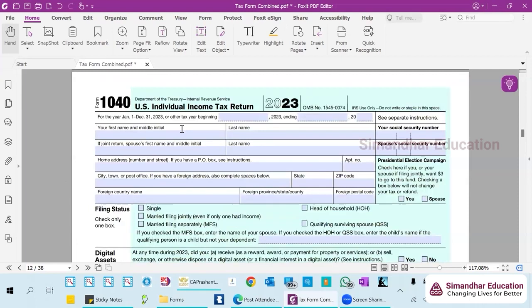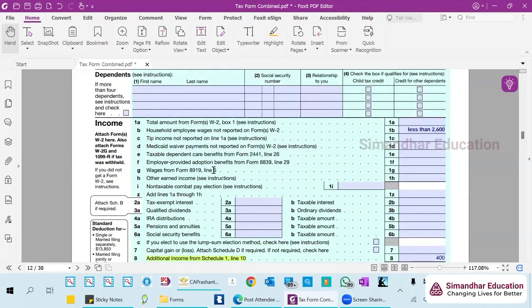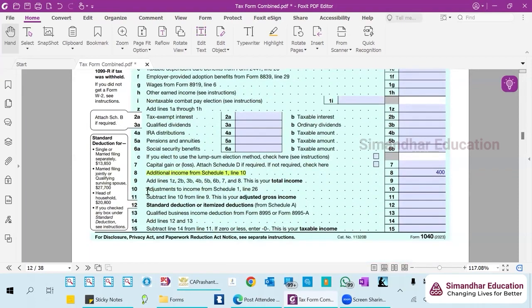I have my schedule 1 part 1, which has my additional income, and schedule 1 part 2, which has my adjustments to income. The numbers are coming from another page. None of the numbers are calculated on my 1040. They come from a different schedule or a different form.